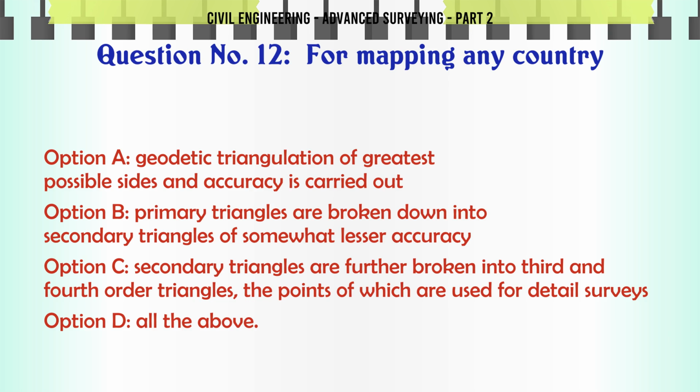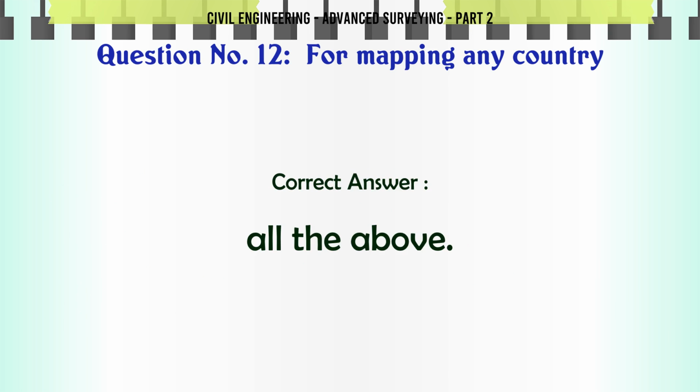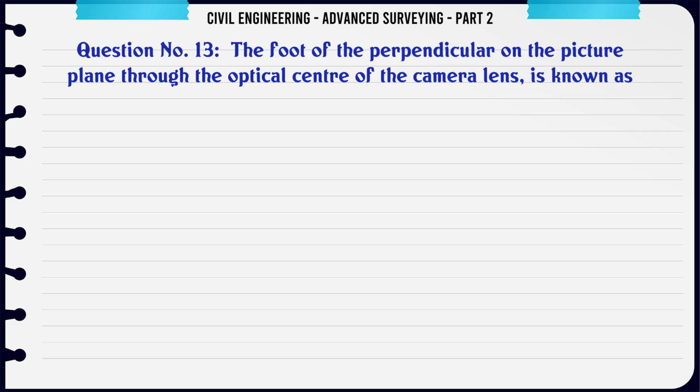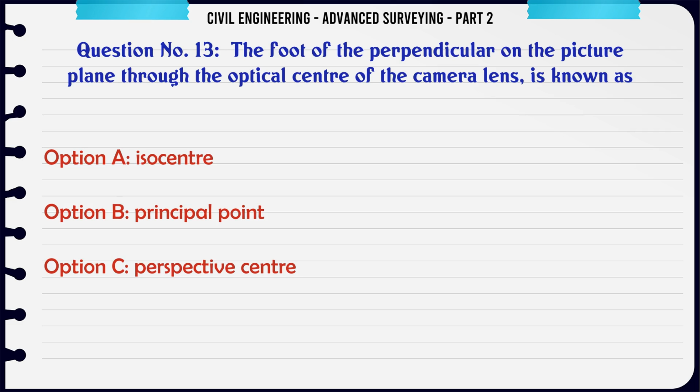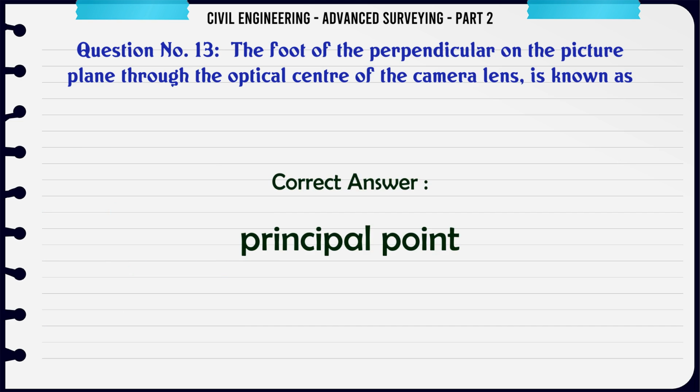D. All the above. The correct answer is all the above. The foot of the perpendicular on the picture plane through the optical center of the camera lens is known as: A. Isocenter, B. Principal point, C. Perspective center, D. Plumb line. The correct answer is principal point.